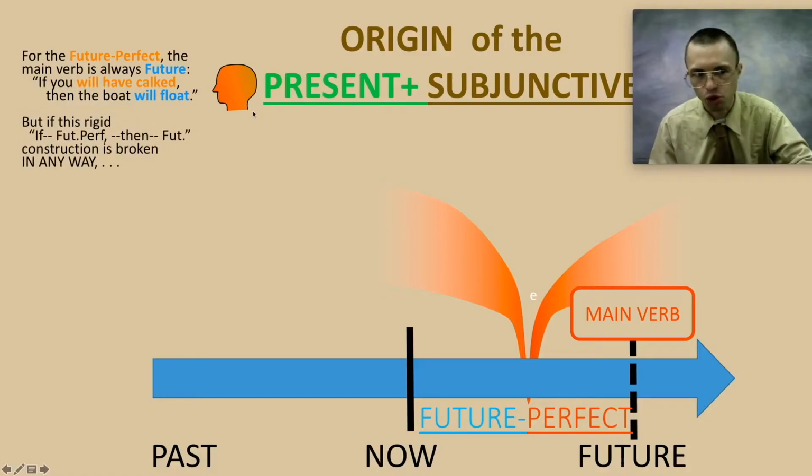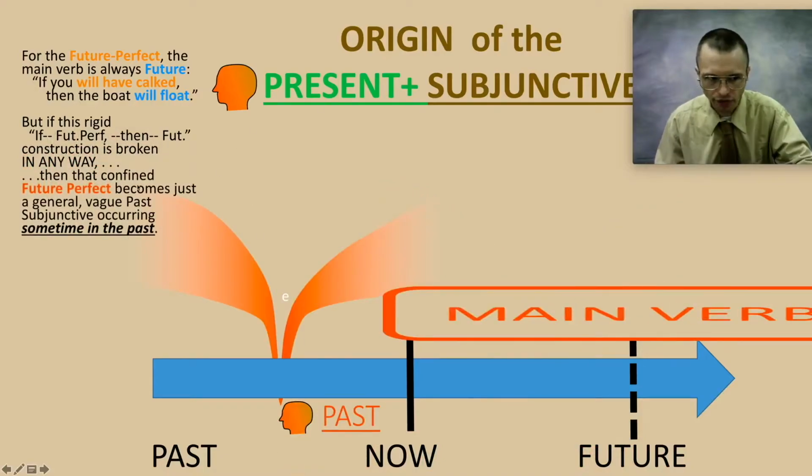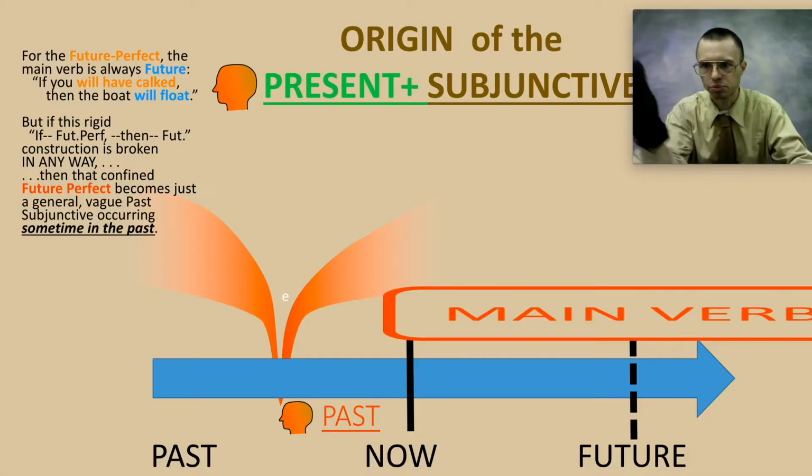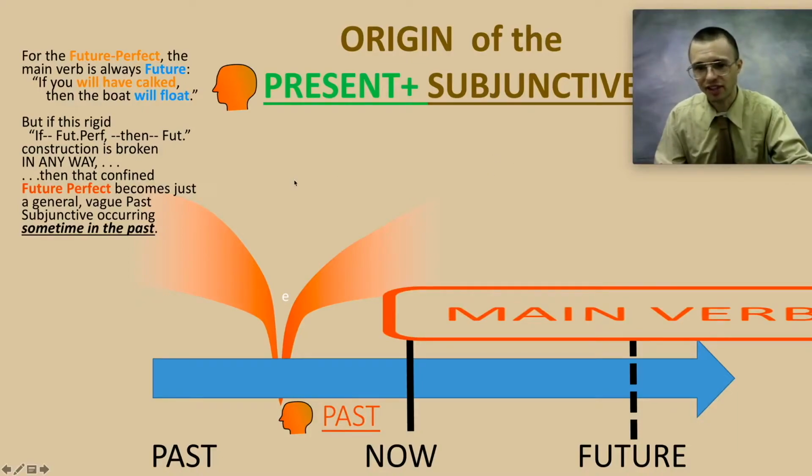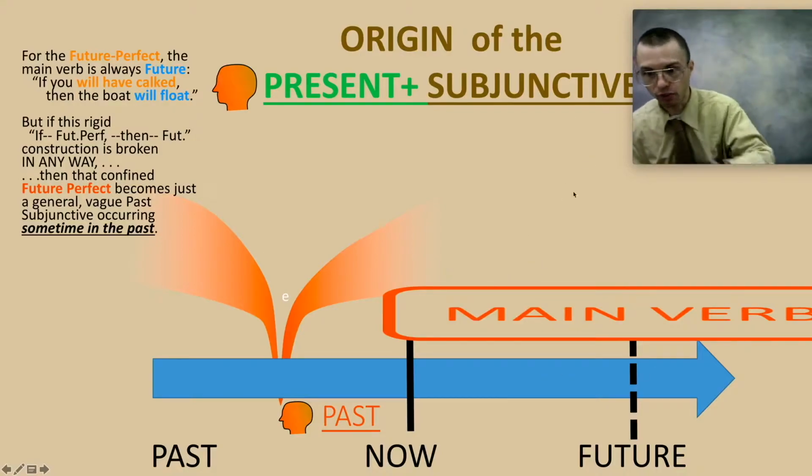If that is broken in any way, like the main verb suddenly no longer becomes future, but instead becomes present, then the other verb, the future perfect, suddenly becomes called the present backward-looking subjunctive, or the term that most people use, the perfect subjunctive, which I think is so badly described, because perfect is the word for the past, and this is really something having to do with looking forward to the future.